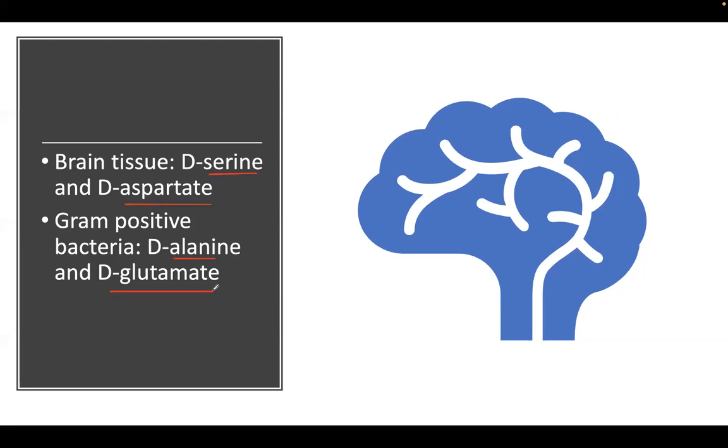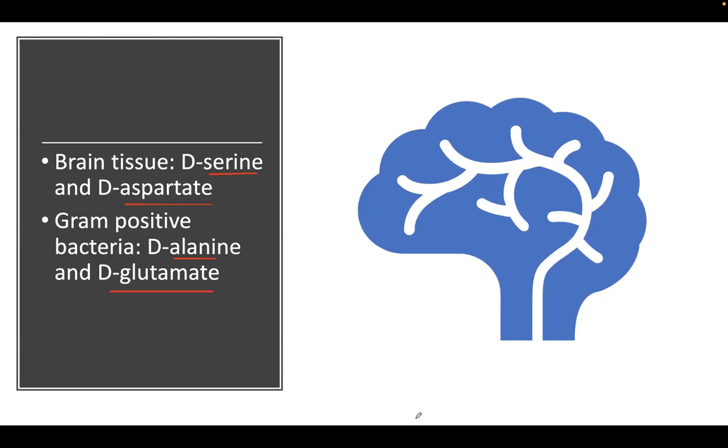Later, when you take up microbiology, you will realize there are some antibiotics, for example vancomycin, which would basically affect these amino acids. There are also some gram-positive bacteria that have a capsule, a polyglutamate capsule.